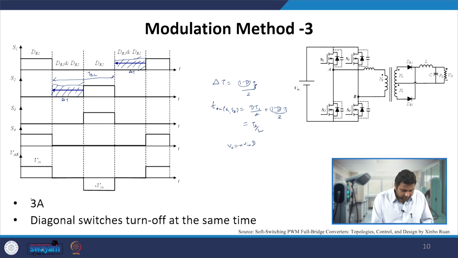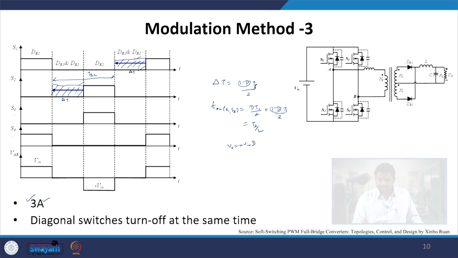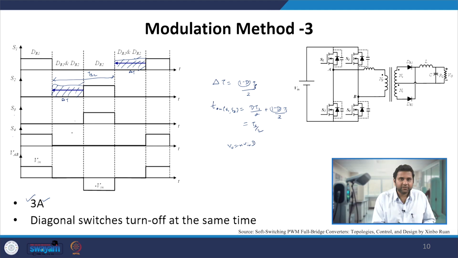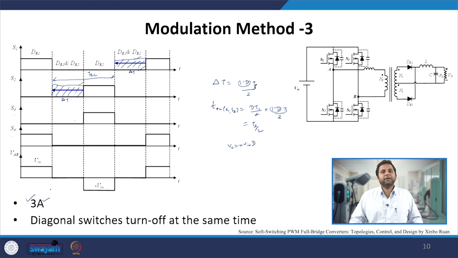And if we number the possibilities, it is 3 from the leading leg and it is A from the lagging leg, because we are still not changing anything on the lagging switches S3 and S4. The turn on period of S3 and S4 is still not changed, we are not touching it. That's when we have the A possibility from the lagging leg.